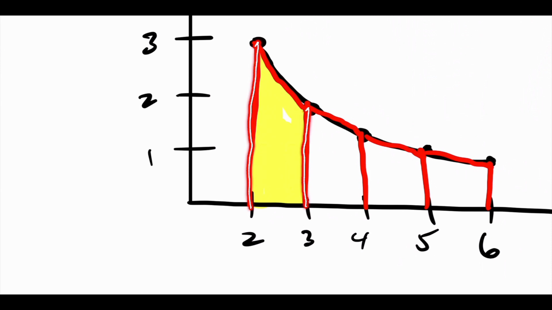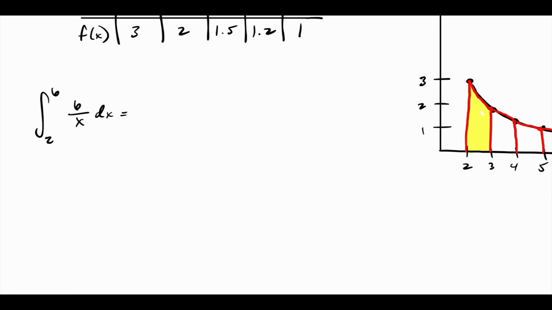So the first one is 3 high. The second one is 2 high. So when we add them together, we get 5. We got 3 plus 2 divided by 2, right? And then what's the width of each of these guys? 1, right? There's the first one.